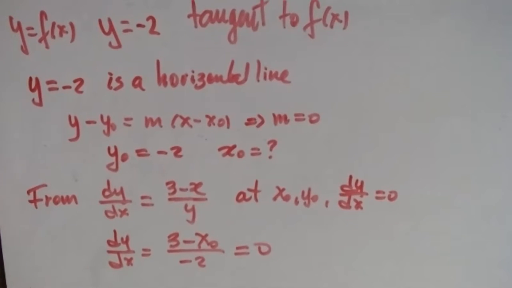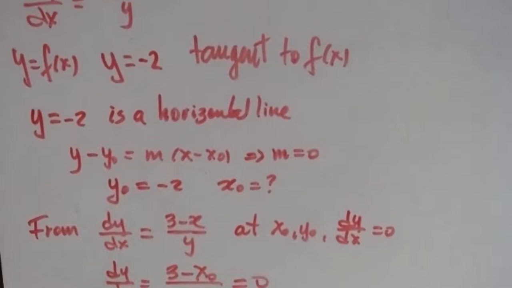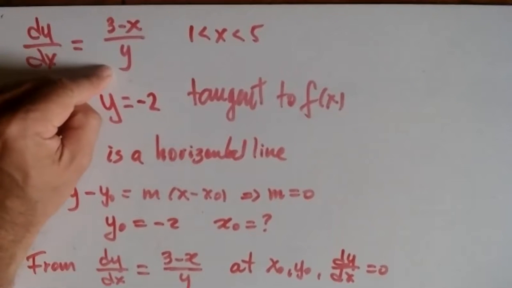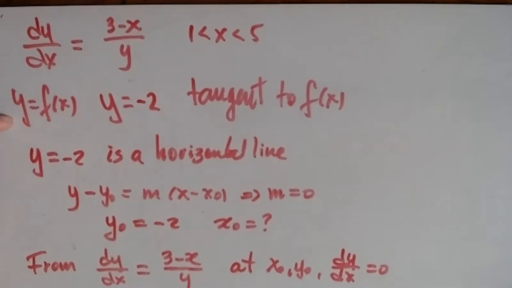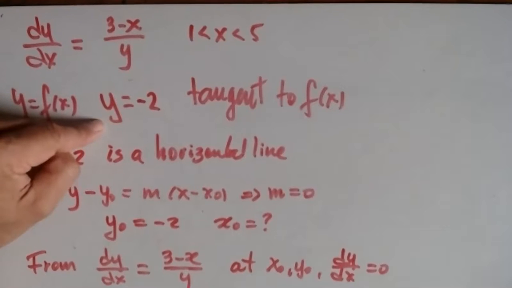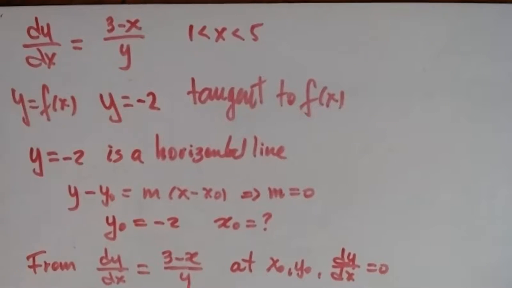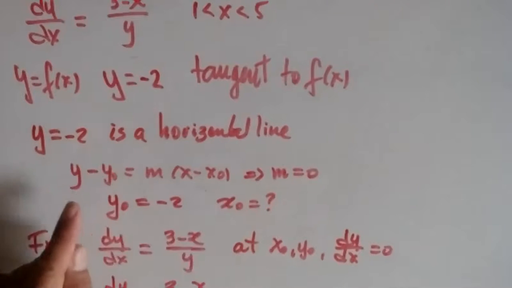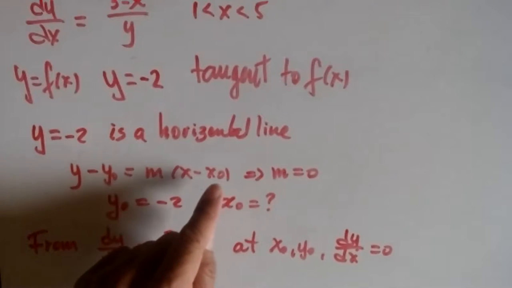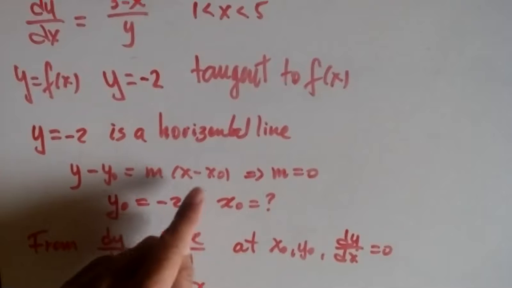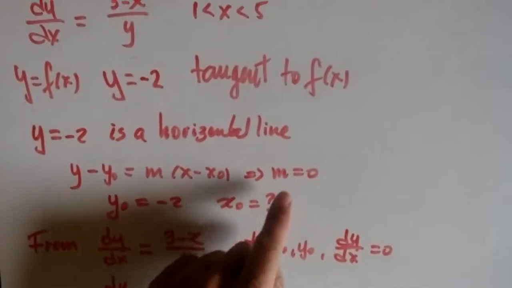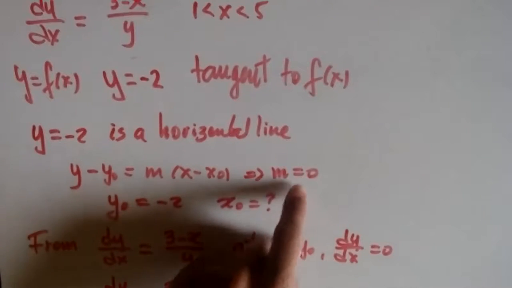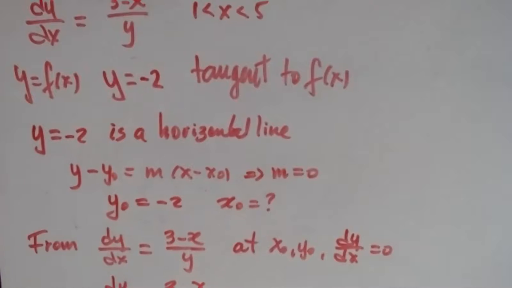So, solution for this problem. Everybody's following the reasoning? You have a differential equation, and this is the solution. This is the tangent point at y = -2, a horizontal line. This is the equation of a line, y - y0, which means that at (x0, y0) the slope m has to be 0, and y0 is -2.